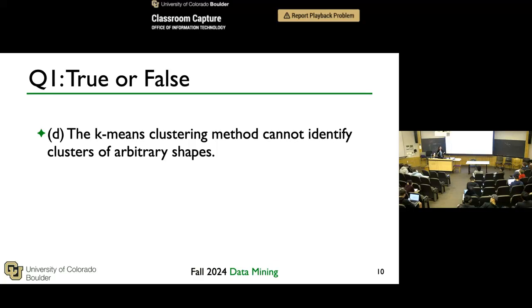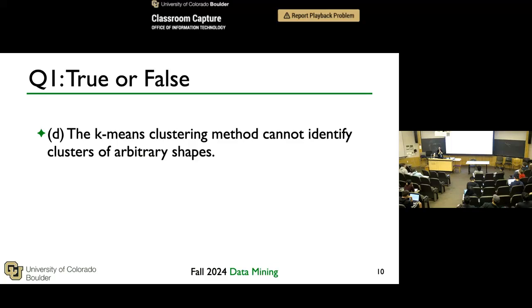So how does k-means work? K-means clustering starts with k centroids. Every time you're assigning your points to the nearest centroid. As you can think about, we had this example like a donut shape. If you have donuts, you have the inner circle and the outer circle. In that case, k-means doesn't work, because you would have something that is closer to the inner circle, but actually belongs to the outer circle.